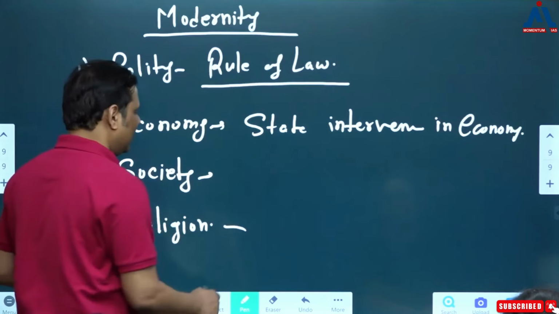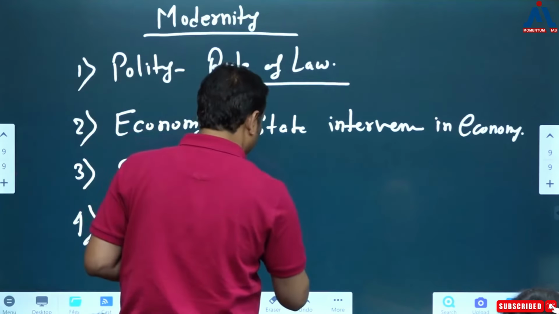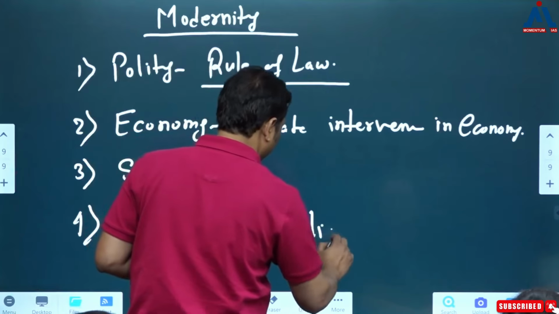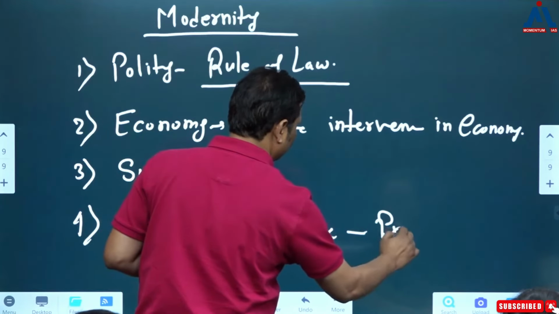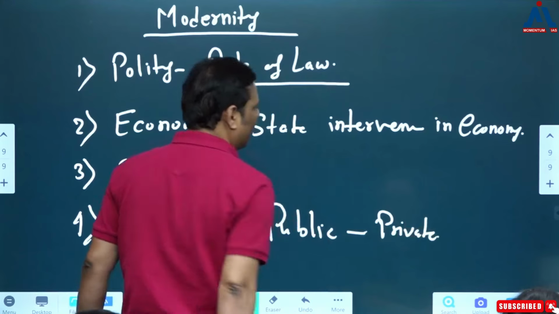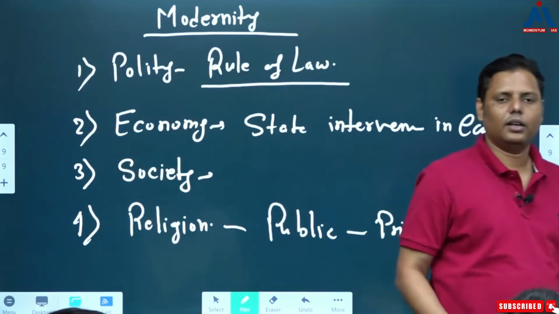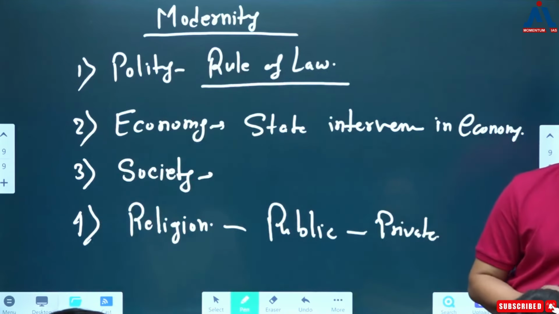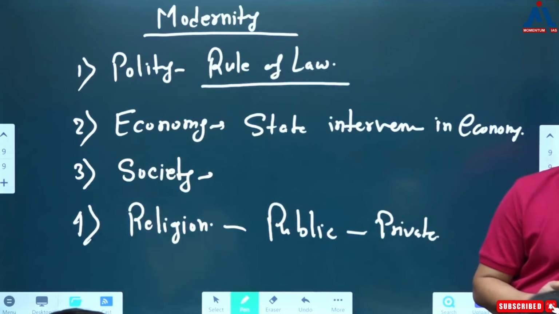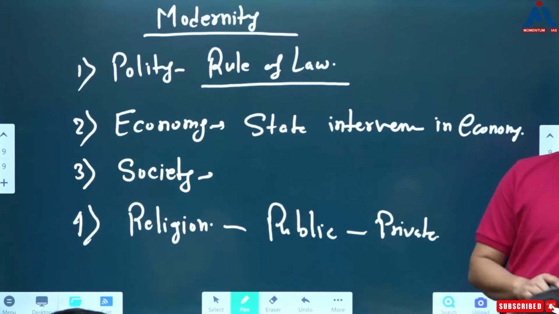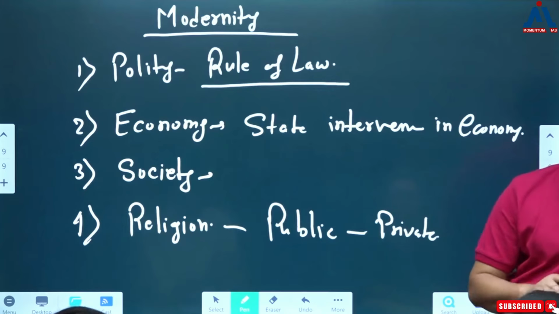But if religion is moving from the public domain to the private domain, that is another indicator of modernity. Now nobody is going to ask you this question ideally, do you go to the temple? Does anybody ask you? No.